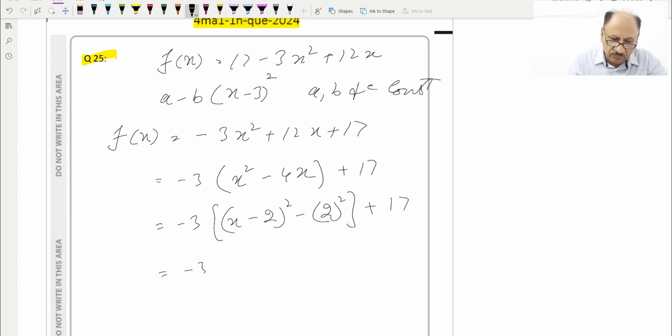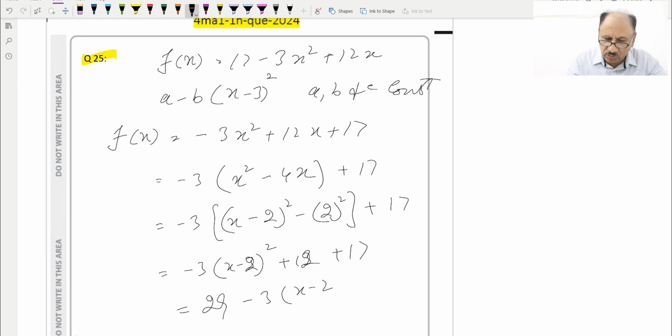Opening the brackets, minus 3 into (x minus 2) square, and minus into minus is plus, so 3 into 4 will be 12, so we write here 12 plus 17. This will be 29 minus 3 into (x minus 2) square.